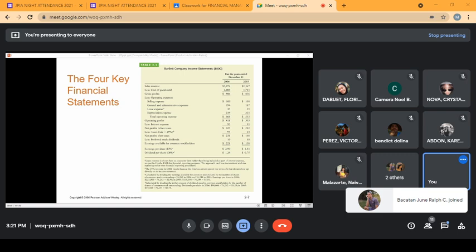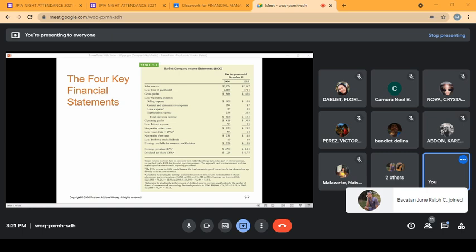Kasi yung iba sinasabi nila that the statement of cash flow just provides information as to how much the company utilized on the investment activities, as well as information in relation to the financing activities. So how much cash did we utilize on financing activities, or how much cash did we utilize on operating activities?